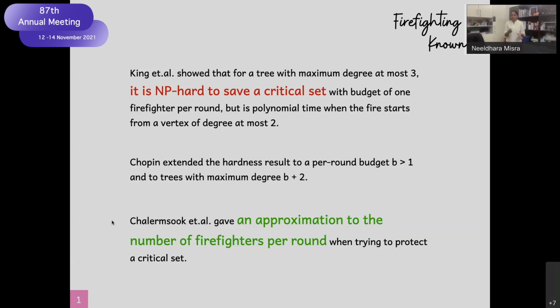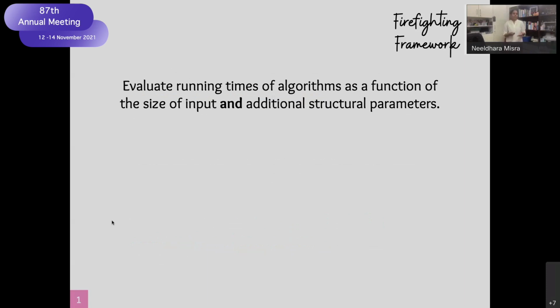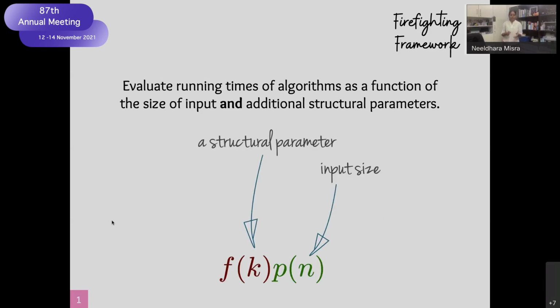There are some approximation algorithms which help you deploy not too many more than the optimal number of firefighters, so that's also known. And our work in this context is from a slightly different perspective than approximation. We use a framework called parameterized complexity, or parameterized algorithms, to analyze the problem.